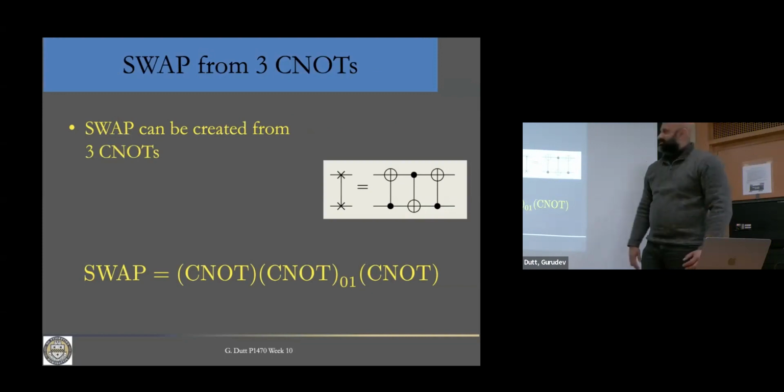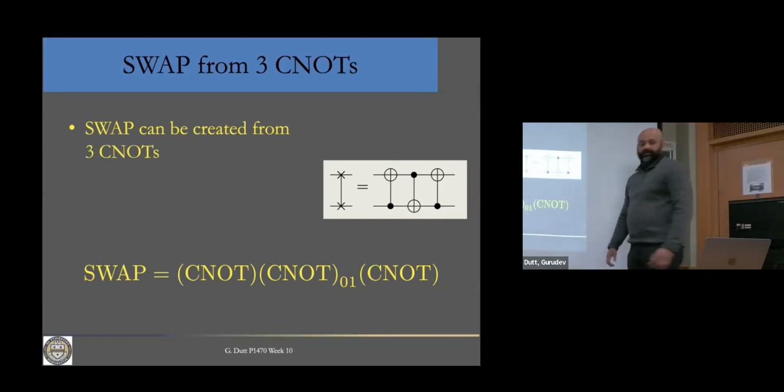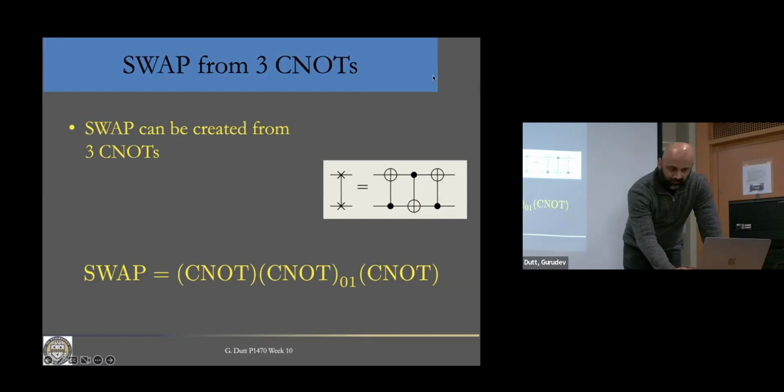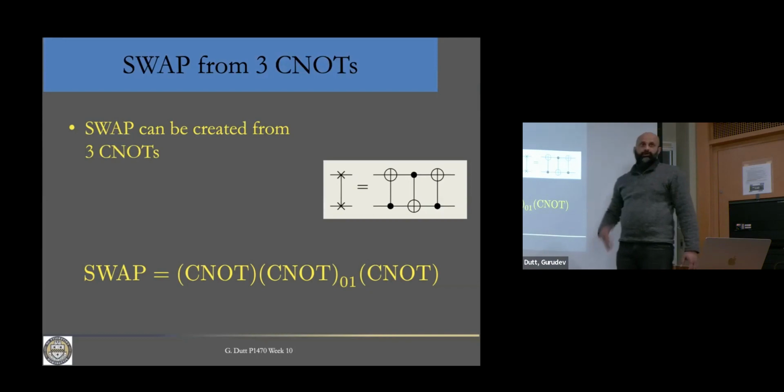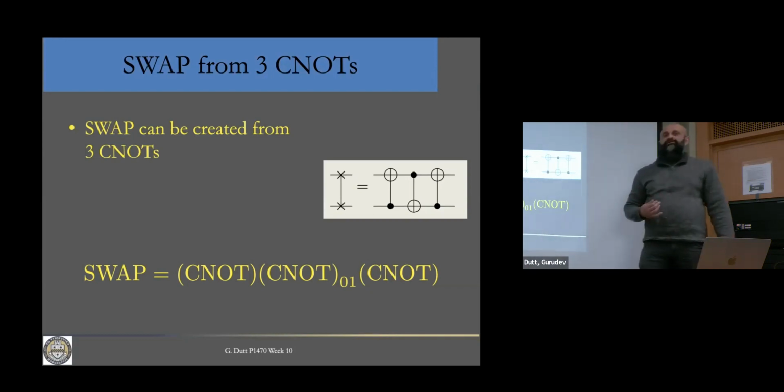All right, and our next claim, this is a circuit identity with swaps. Swap can be created from 3 CNOTs. Often we may not directly have access to swap.